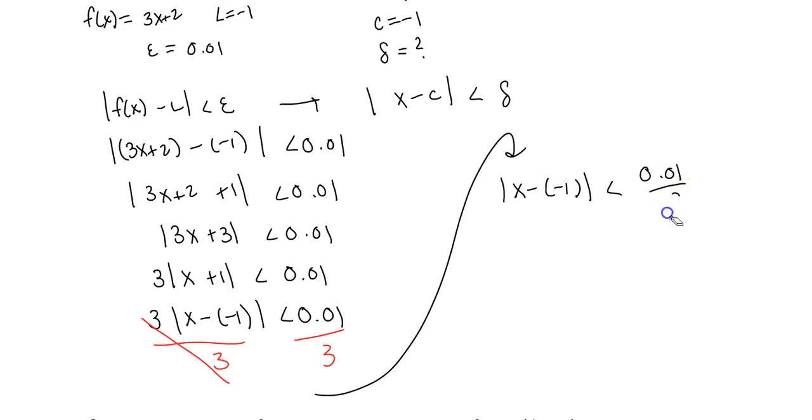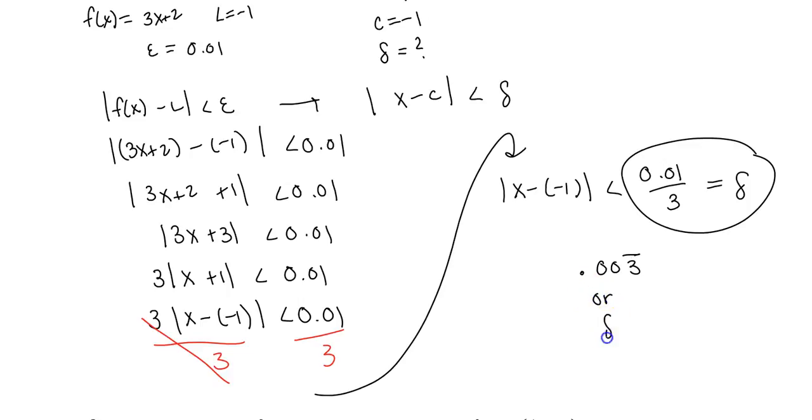Now 0.01 divided by 3 is not a pretty terminating decimal. You could actually choose any number that's smaller than it. Most people tend to just say, okay, I'm going to let that be my delta. So this is actually 0.003 repeating if you find the value of that in decimal form.